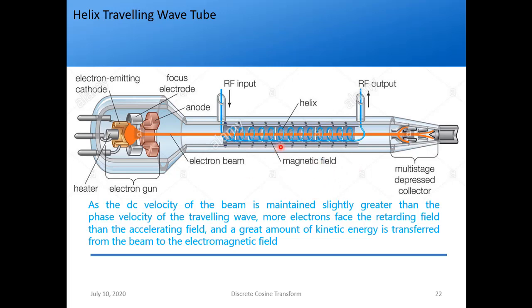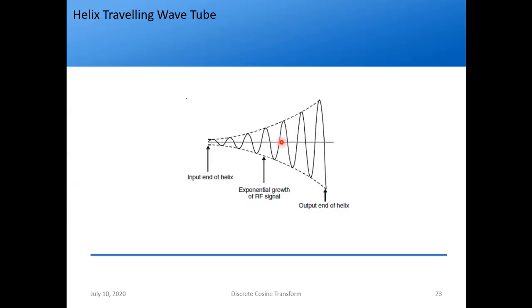So when they experience a retarding field, they go a bit farther, which is translated to the energy being transferred, because your energy is also transferred somewhere when you are trying to stop immediately. You are not able to stop immediately, right? The same thing is happening over here. So this is how oscillations are achieved.